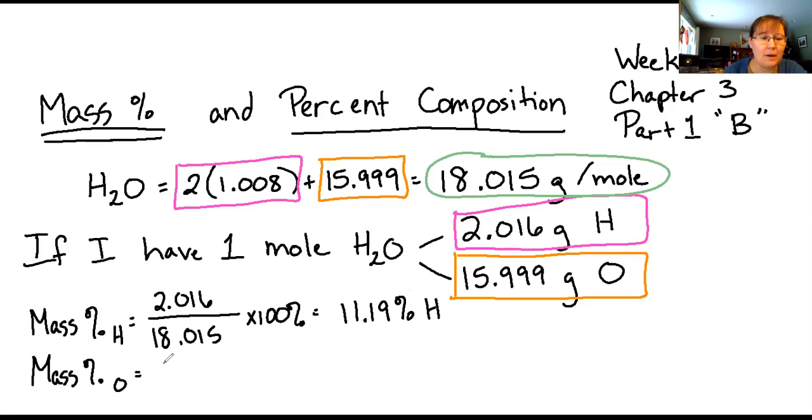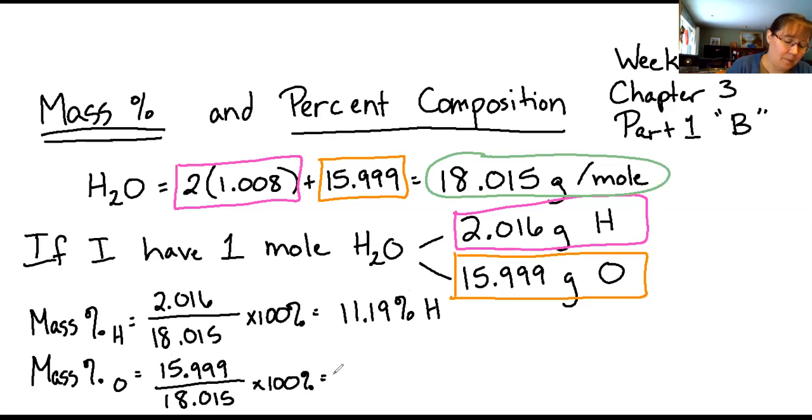I could do the same thing and say, okay, well then, what's the mass percent of my oxygen? The mass percent of my oxygen would be 15.999 divided by 18.015, and we turn that into a percent. And what I see here is 88.809%, because I can have 5 significant figures.